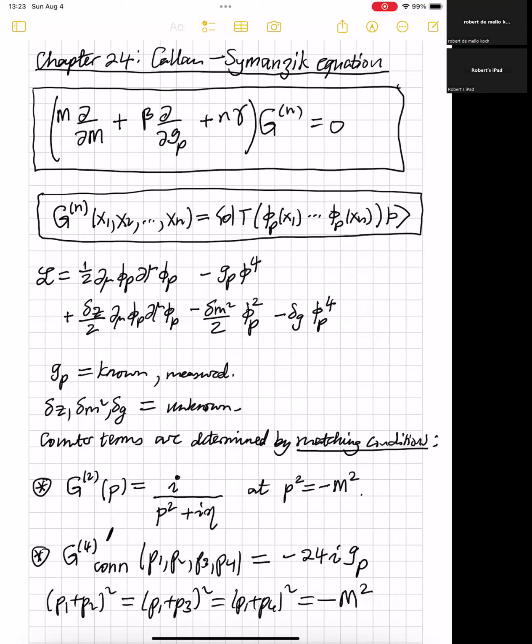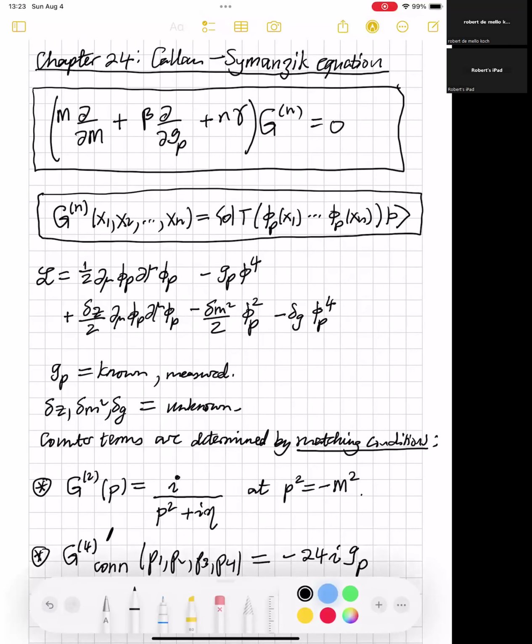So what would we do now? Well, we need to take our Lagrangian sitting over here. We want to work out a set of Feynman rules. Once we've worked out the Feynman rules, we'll calculate the 2-point and 4-point functions, but you could calculate any two correlation functions, and we're going to calculate them to one loop. We're going to apply the matching conditions to determine the unknown counterterms.